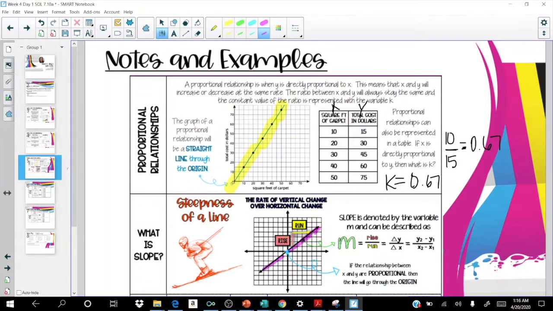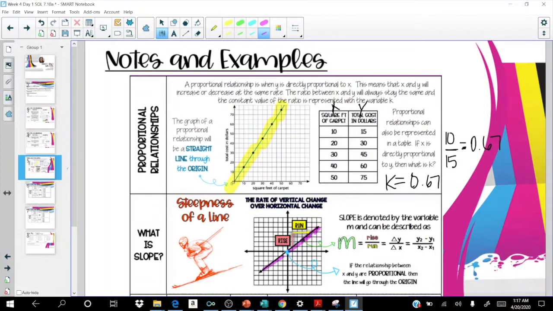Slope is denoted by the variable m and can be described as rise over run, delta y over delta x. Delta, that triangle you see, means change in. So basically it's saying the change in y over the change in x. And then also you can use the formula y2 subtract y1 over x2 subtract x1.